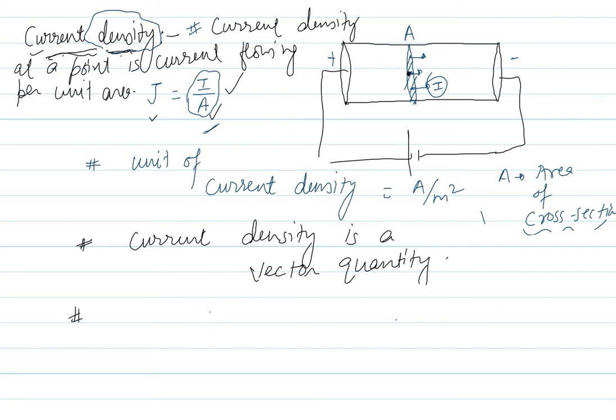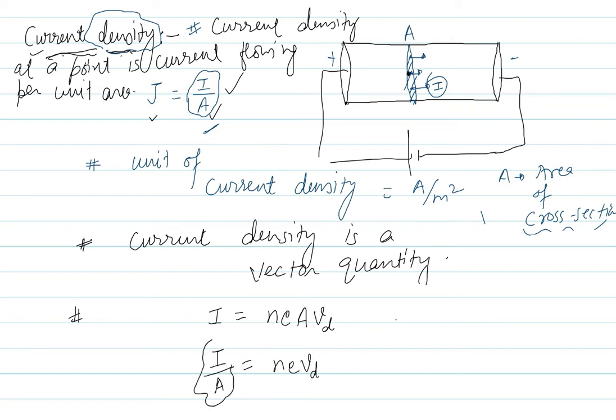See, current is what? We all know that current is n e A v_d, right? We have already discussed it. Now if I divide I by A, then I get n e v_d, right?